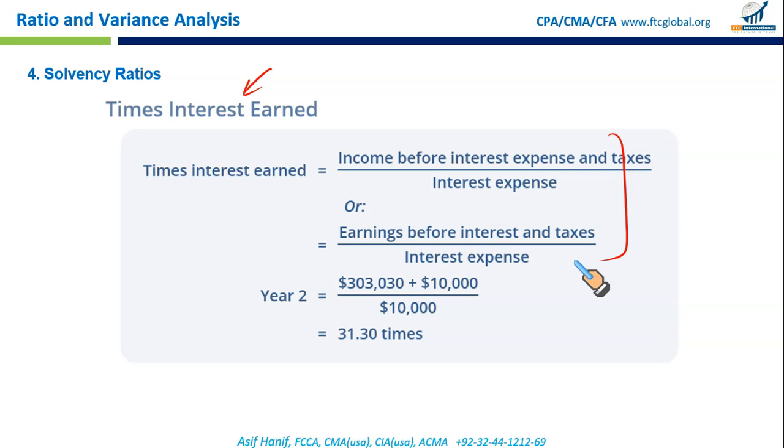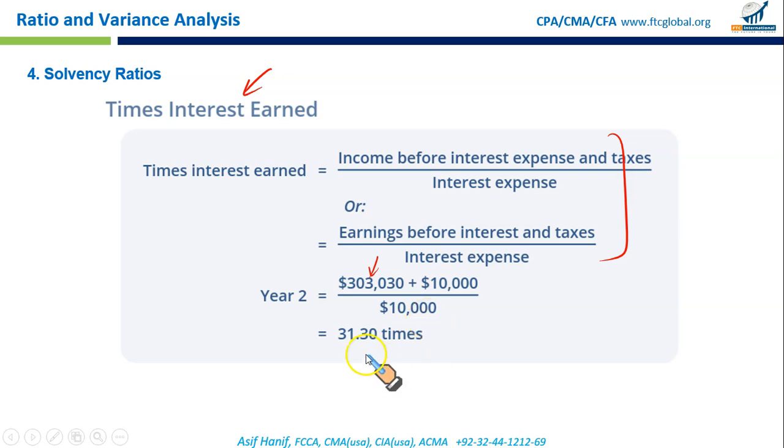So what we have is the earnings before taxes. We add back the interest expense, so that becomes earnings before interest and tax. We divide it by 10,000. That means out of the available earnings before interest and tax, we have to pay just 10,000 in interest, which is like having 31.3 times the interest expense as our earnings.